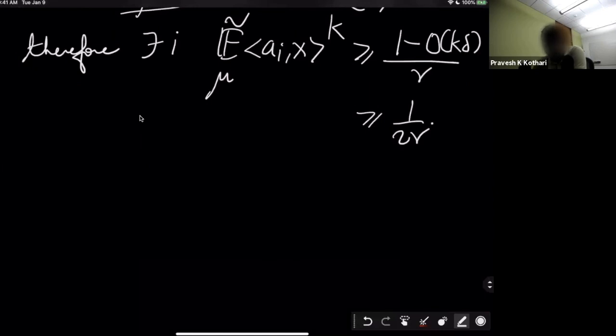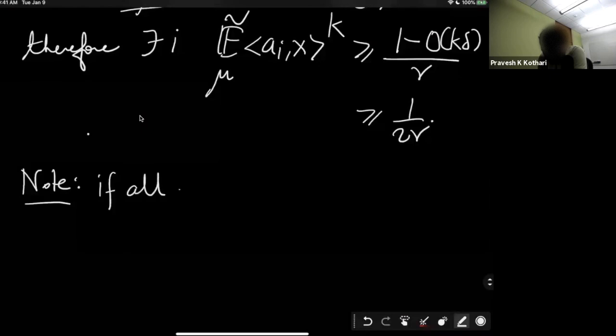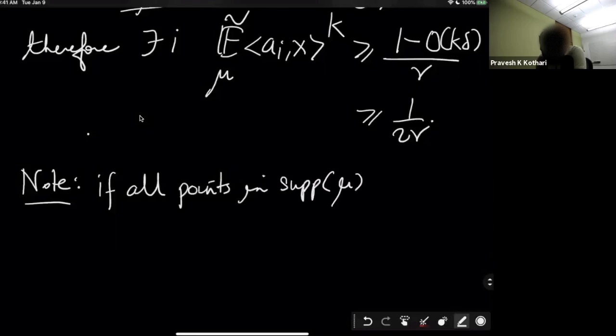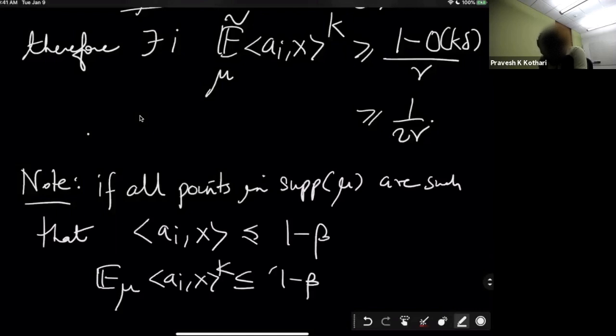You can't quite make this happen if all points in the support of the distribution mu are such that AI x is at most, let's say, 1 minus some parameter beta, then the expectation of AI x to the k would be at most one minus beta to the k, right?